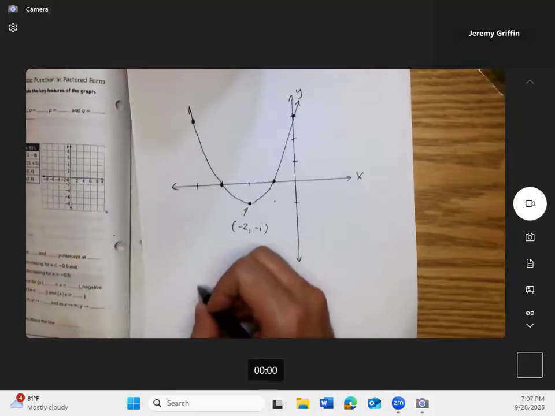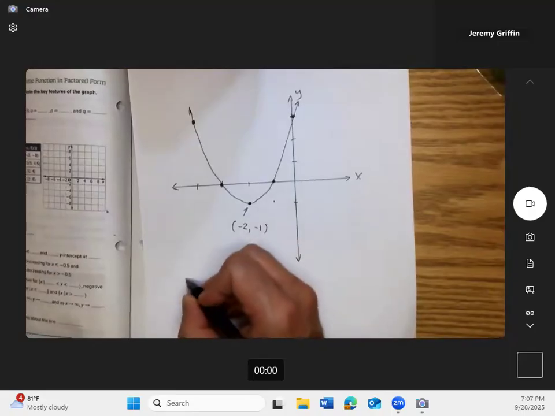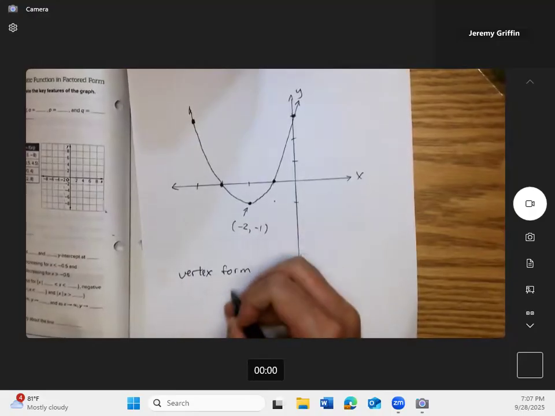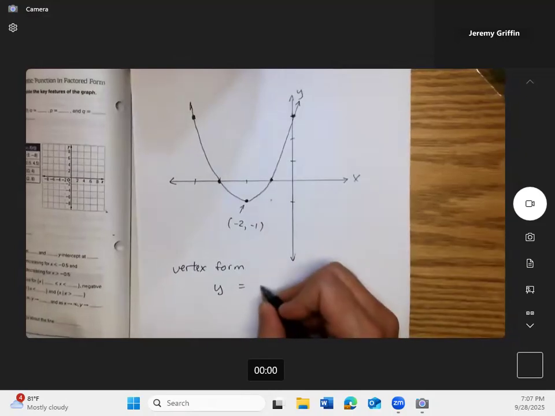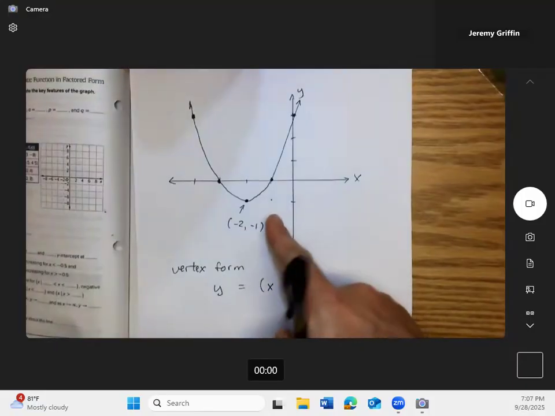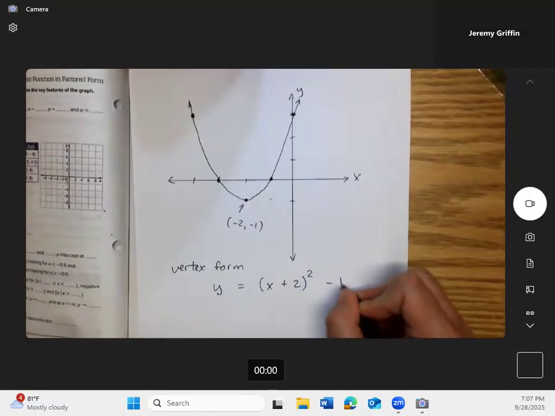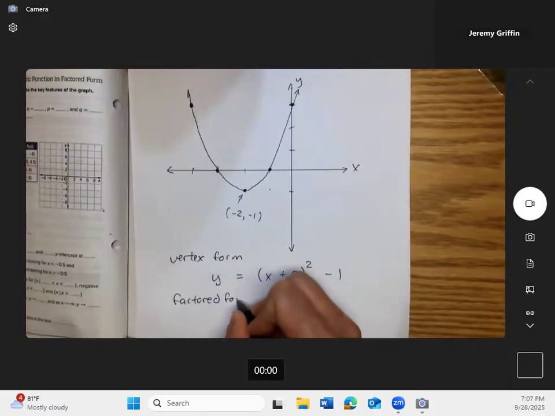Here, I'll give you guys some different forms. Vertex form would go y equals, or f of x equals, pick a favorite, x minus h. Now that looks like x plus 2, because it would be minus -2, quantity squared, and then -1. So you could do that. You could also go factored form.